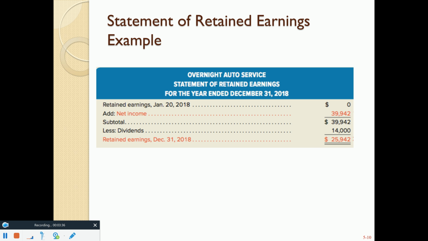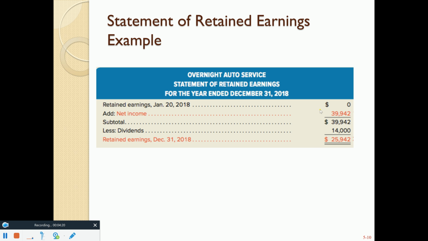I also told you in an earlier chapter that the retained earnings account is really the summary of the red accounts. R-E-D. Revenues increase the retained earnings, and the E and the D, the expenses and the dividends, decrease the retained earnings. So this is a brand new company, so retained earnings at the beginning of the period, which in this case happens to be January 20th, the first day that this company was organized, was 0. Now remember, retained earnings is going to go up with the R, the revenue, down with the expenses and the dividends.